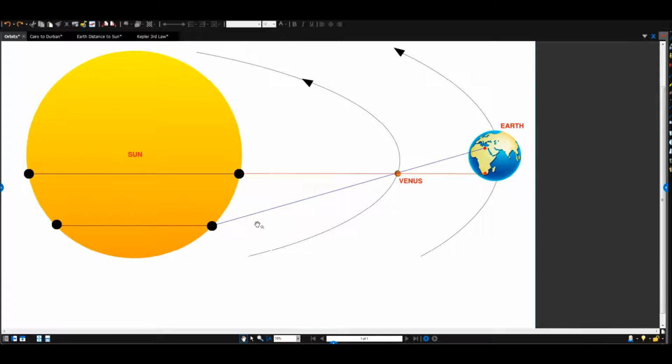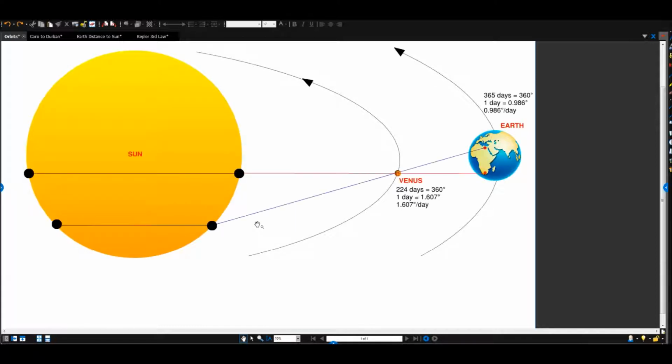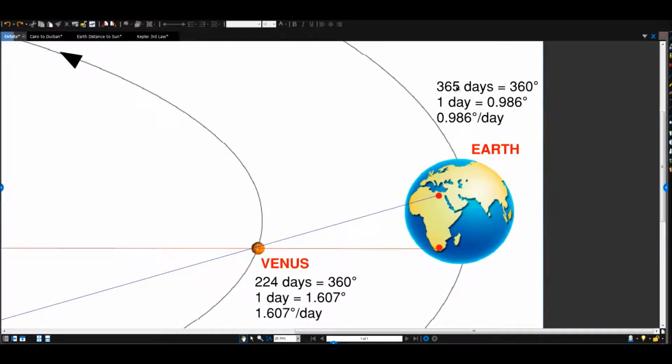Here we use trigonometry to help us out. So what do we actually know? Well, let's come up here first. We have the Earth, right? It takes the Earth 365 days to travel 360 degrees all the way around the sun. We know that. It's one circle.